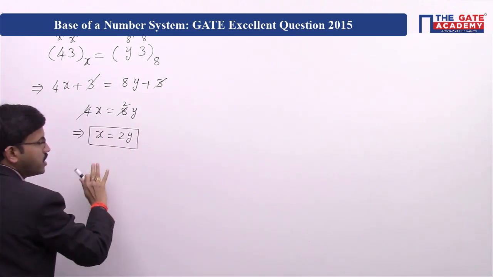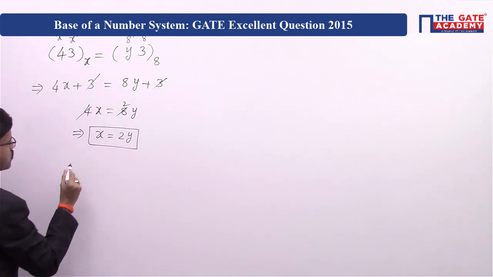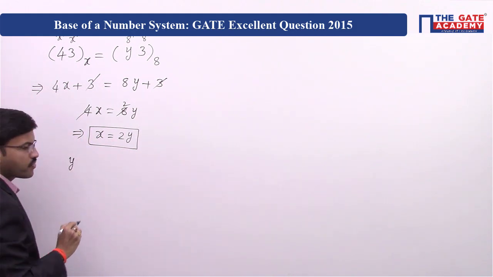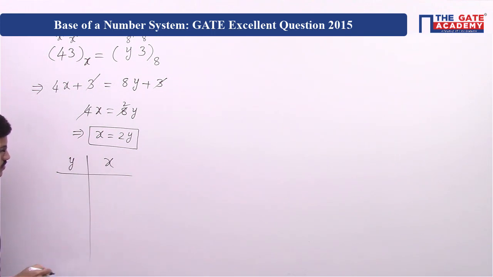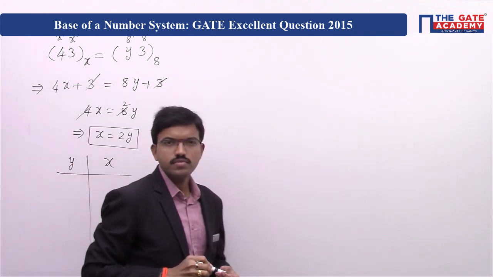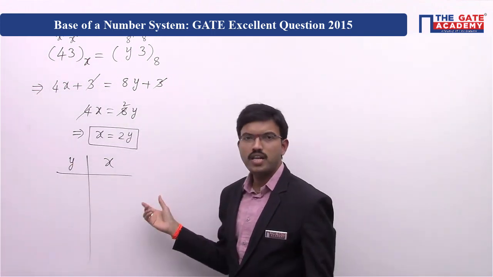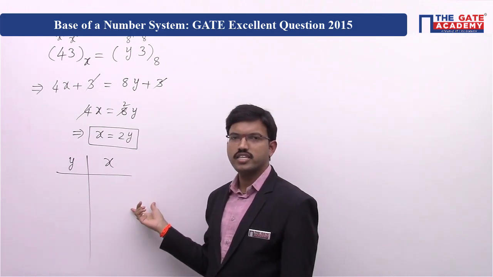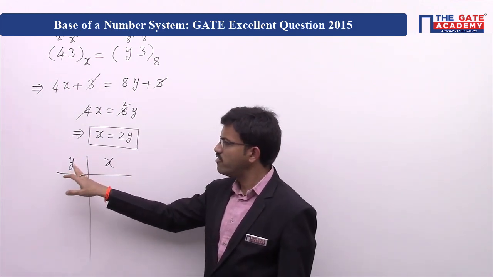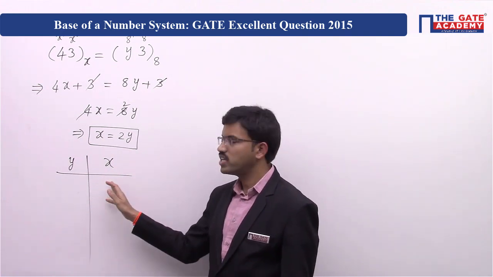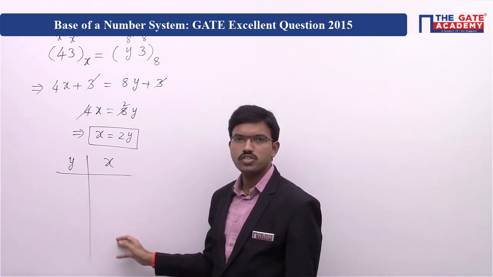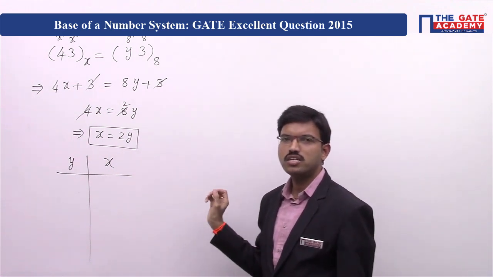So here I am making a tabular form. You can consider y values and find out the corresponding x values. Some people may get the answer as infinite because we can take the values of y ranging from 0 to infinity, and you will get the values of x from 0 to infinity. But that is not the correct answer.